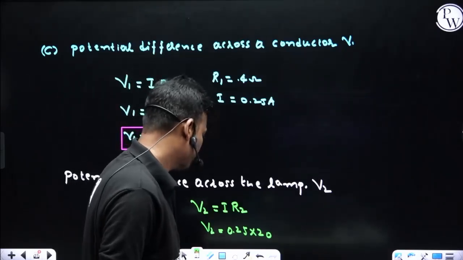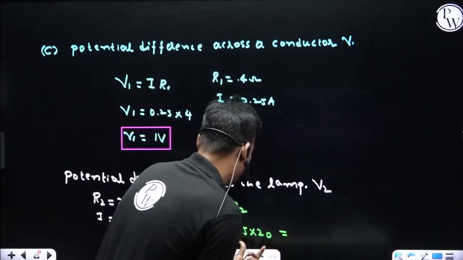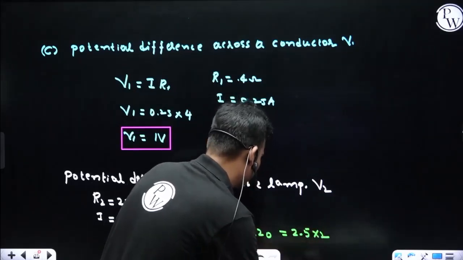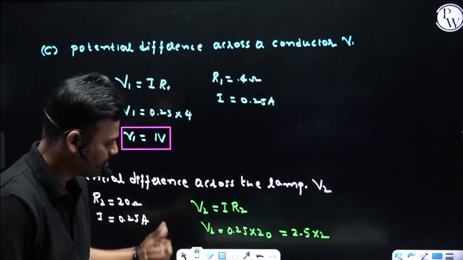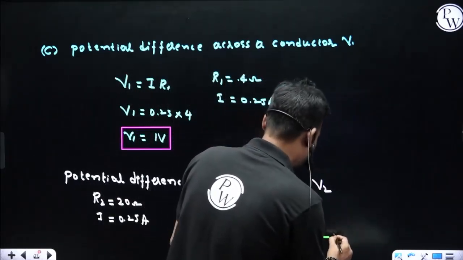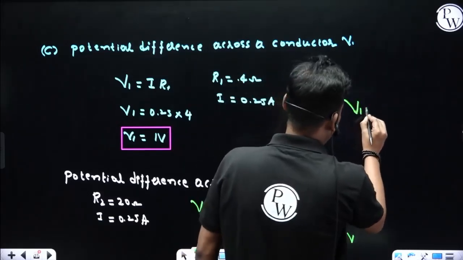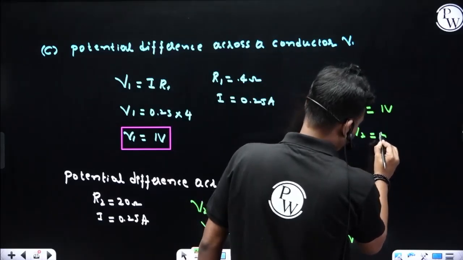So 2.5 into 2, and 2.5 can be written as 5 by 2, so the 2s cancel. V2 is 5 volt. Finally, V1 is 1 volt and V2 is 5 volt.